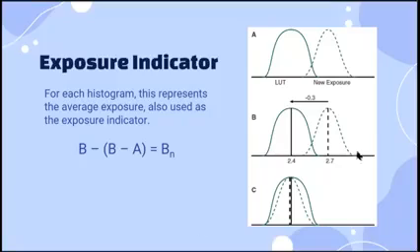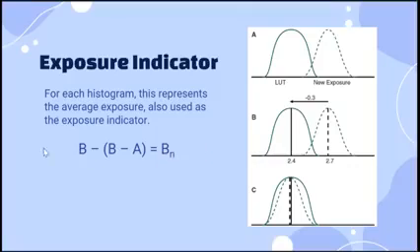So the average exposure for the new exposure that we acquired is 2.7 and the ideal exposure should be 2.4. So in order for us to acquire the exposure indicator, we'll have to subtract here 2.7 minus 2.4, which is 0.3, and then 2.7 minus 0.3, which will be your exposure indicator, which is 2.4.